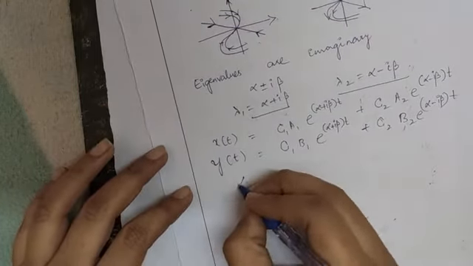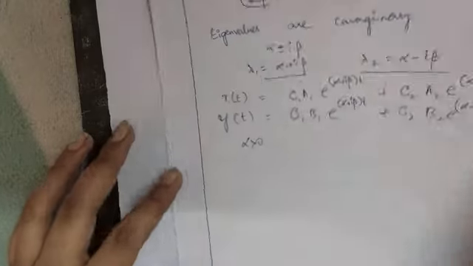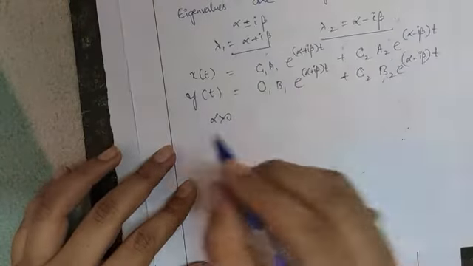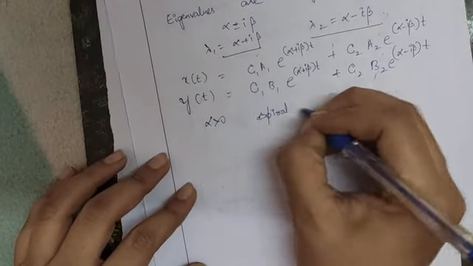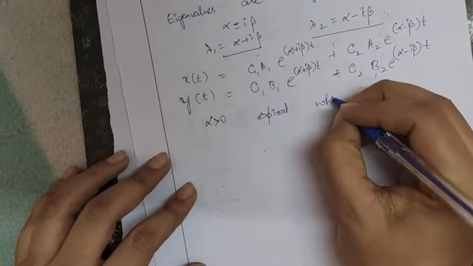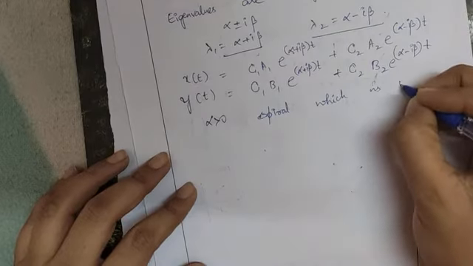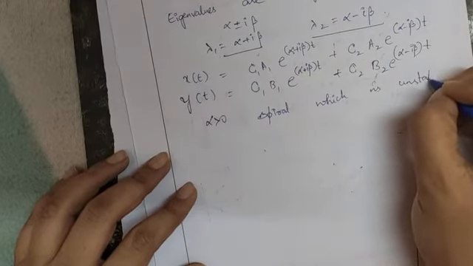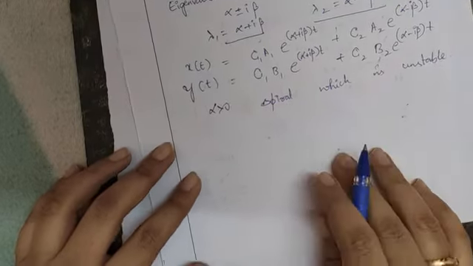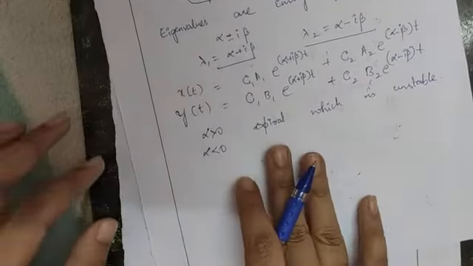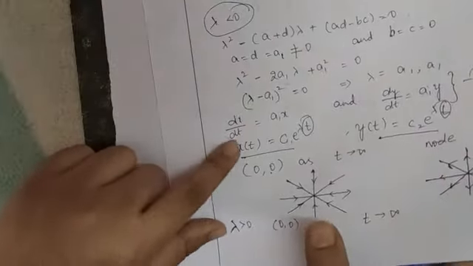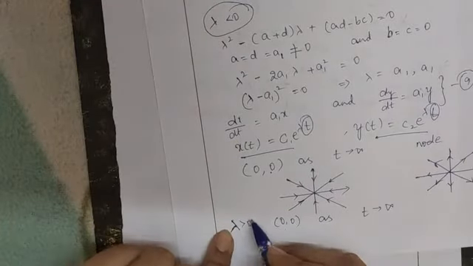So when alpha is greater than 0, again we will get a spiral, which is unstable. Similarly, if alpha is less than 0, it is the same as lambda being less than 0.